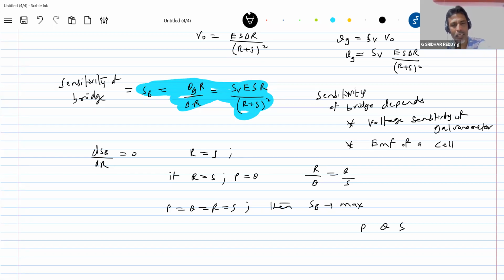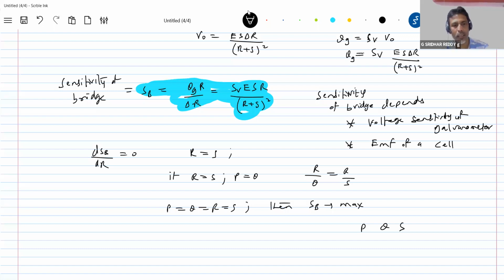I'll adjust so that S is equal to R, and adjust all the values such that the current through the galvanometer is 0. I also see that the resistance in all the arms must be equal. Then the bridge will be more sensitive. Now, if I use this particular bridge for the application, if I slightly change the value of R, the deflection will be more.